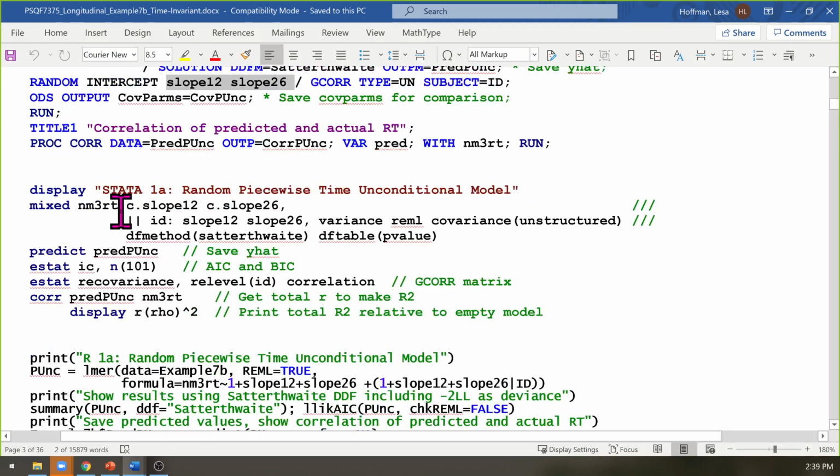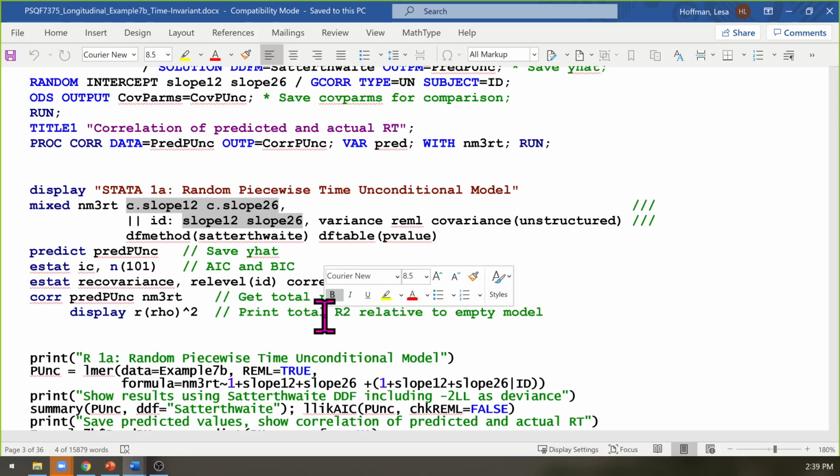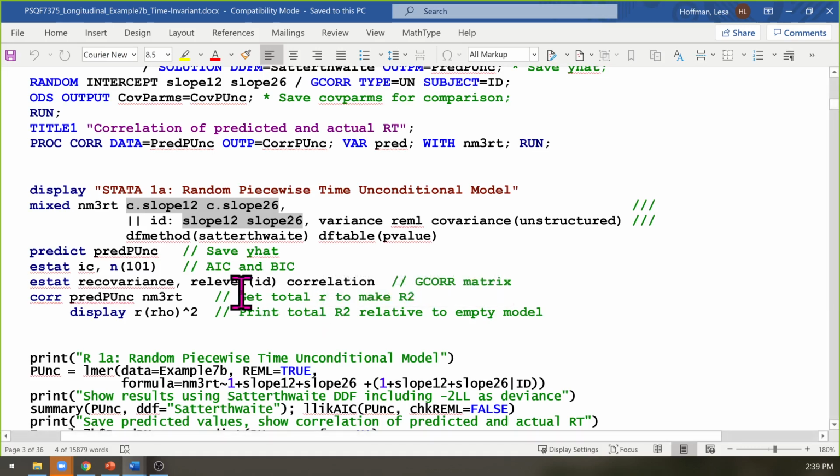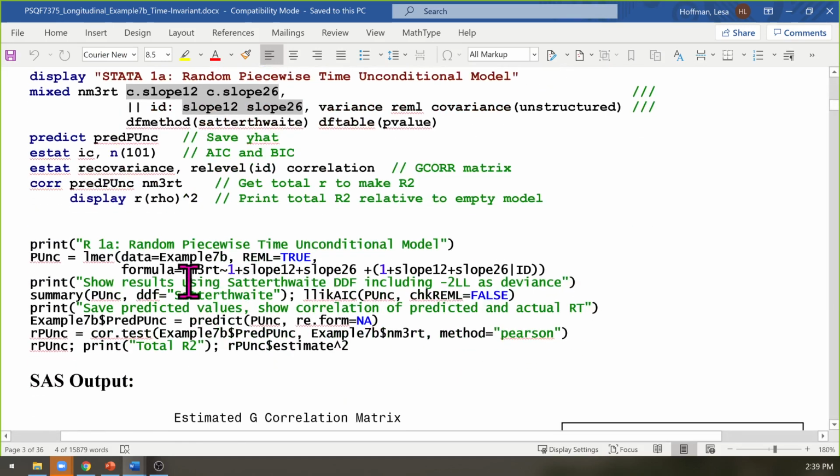Let me do Stata, folks. Your fixed slopes go right here. Your random slopes go right here. In Stata, both the fixed and random intercept are given to you by default, so you don't have to type either of them. And in R, I think that is also true, but it comforts me to put the 1 in there.